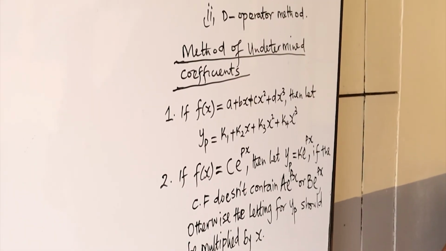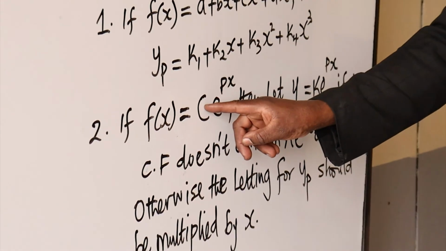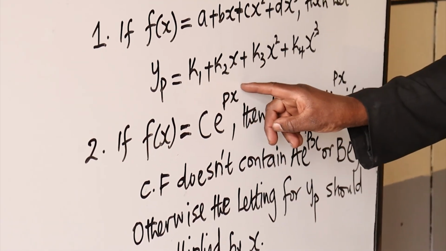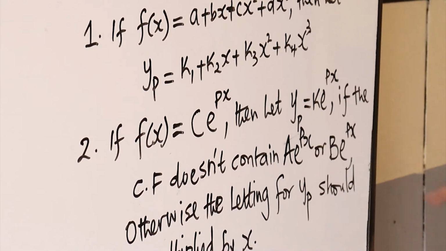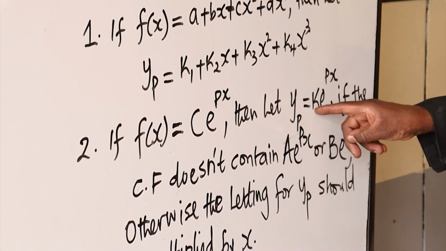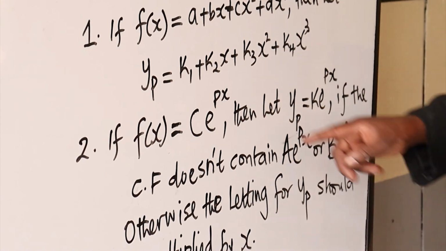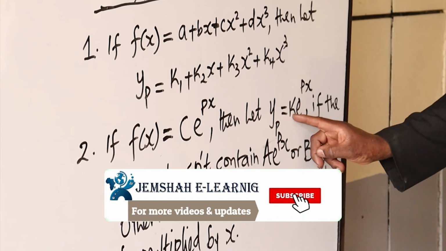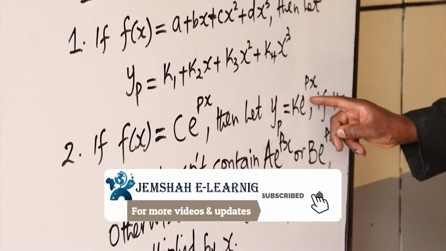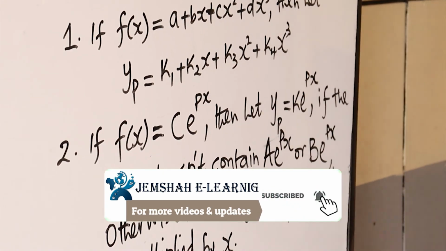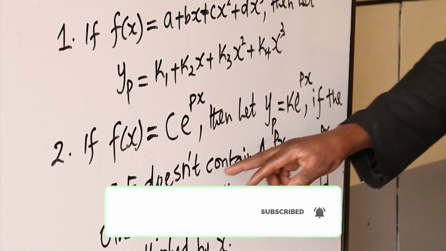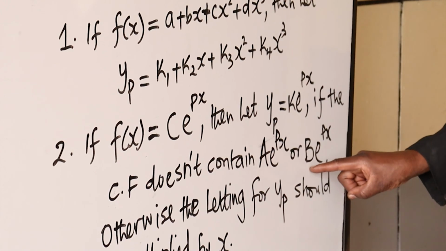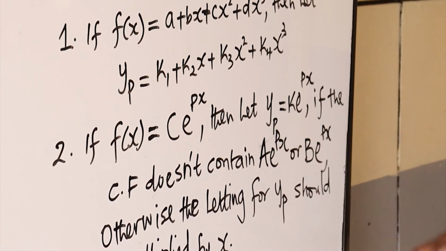In our number 2, if our function of x is equal to a constant multiplying an exponential, e power px, where p is a constant, then we let our yp be equal to another arbitrary constant k, not this c. C is now different from the k. This one becomes arbitrary, but we maintain e power px. This is if the CF doesn't contain the term a e power px or b e power px.